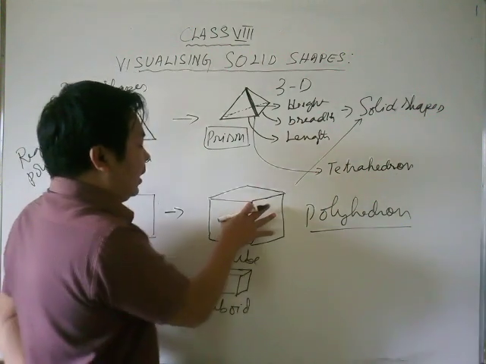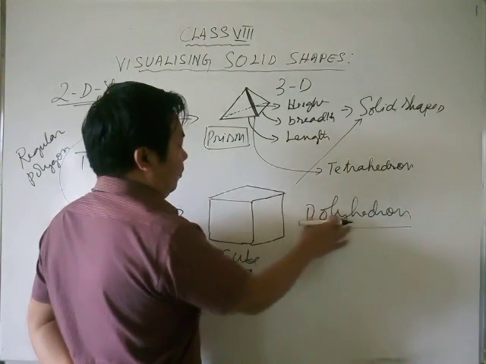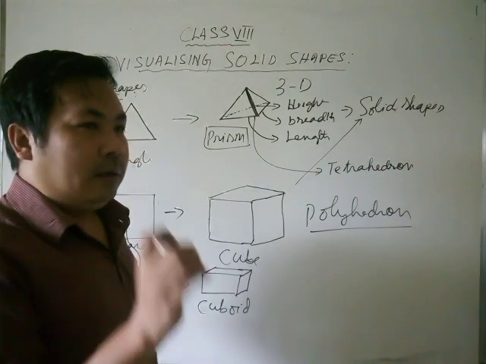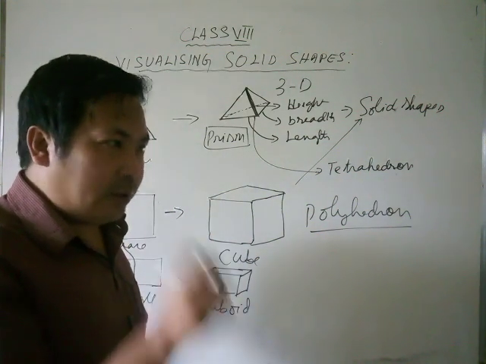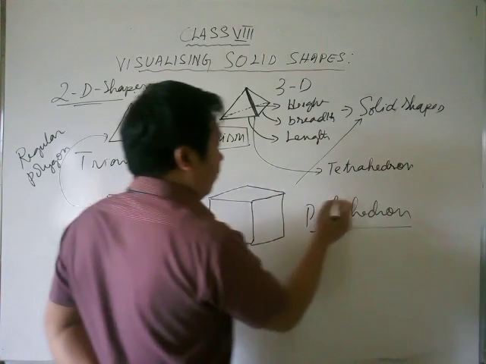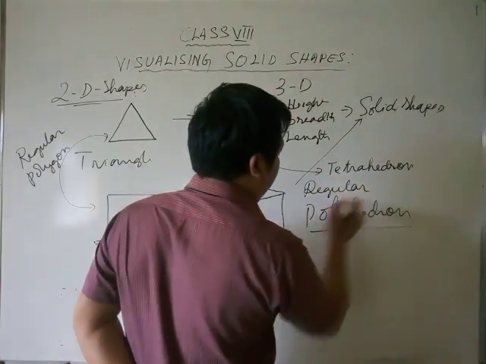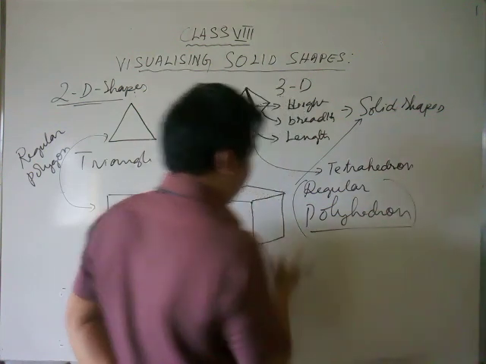And these 3D shapes, these polyhedrons, are made with faces of regular polygons. Therefore, they are called regular polyhedrons.